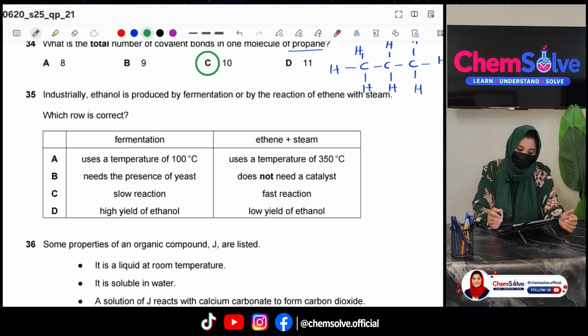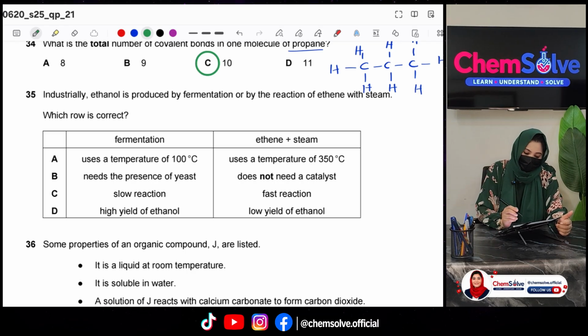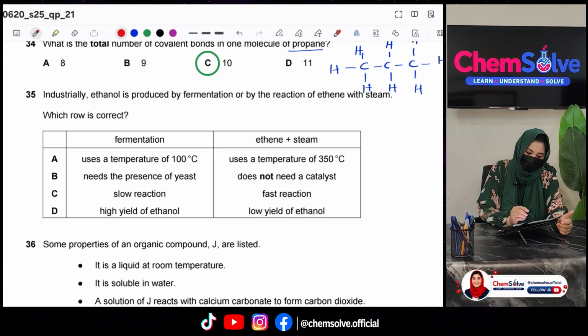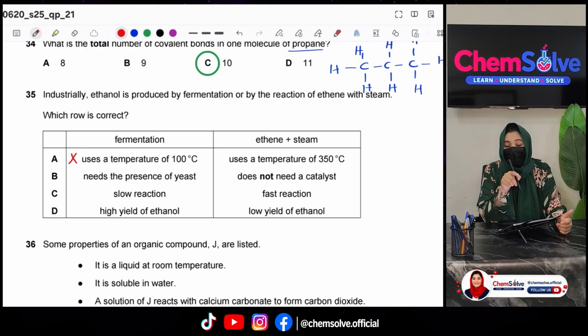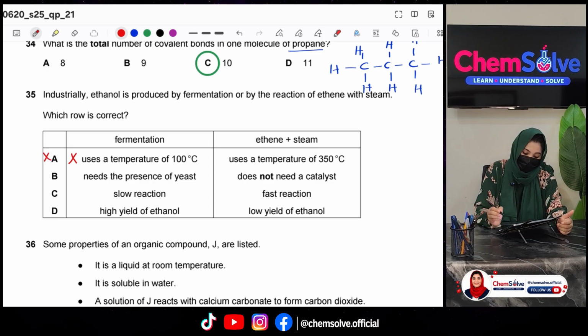Fermentation is a biochemical process, and it uses very low temperature, for example 18 to 25 or maximum 37. And it is saying here that it uses a temperature of 100. No, at this high temperature, the catalyst, that is yeast, becomes denatured. So this temperature couldn't be used. That's why option A is incorrect.